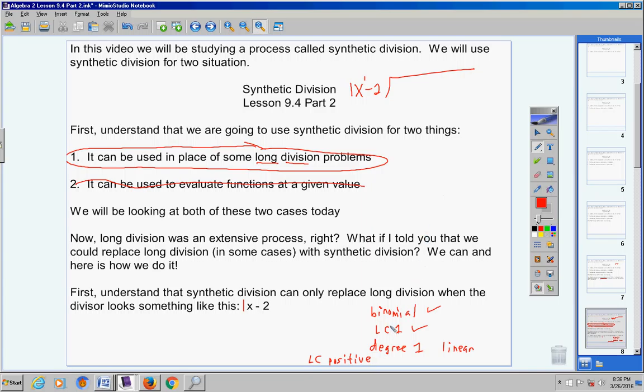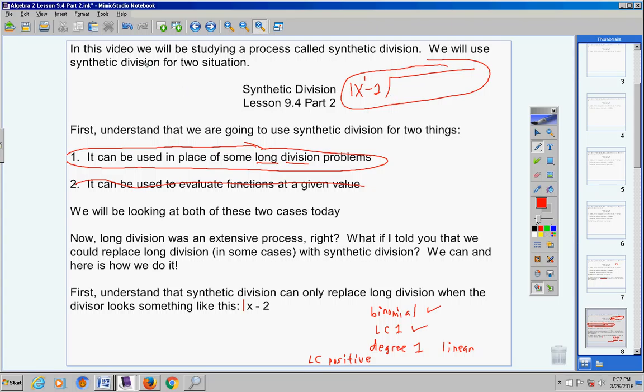Now, if those 4 things don't exist, listen, you cannot use synthetic division. You must use what? Long division. Now, when I show you how to use synthetic division, you're going to fall in love with it. It's great. You're going to want to use it all the time. Unfortunately, you can't.